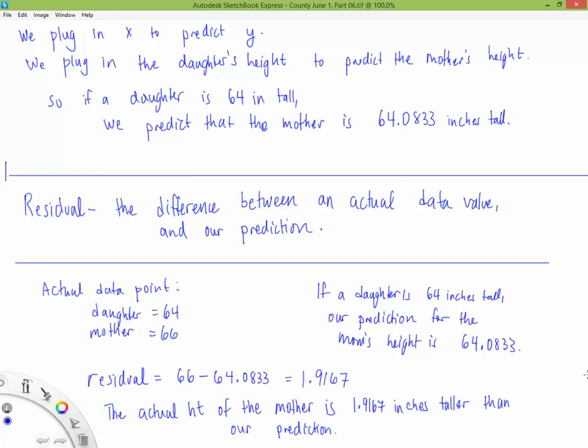Don't shout it out, but let's say we come across another daughter who is 64 inches tall, and we ask, how tall is your mom? And she says, my mom is 5'2", 62 inches tall. What's the residual in this case? 62 minus 64.